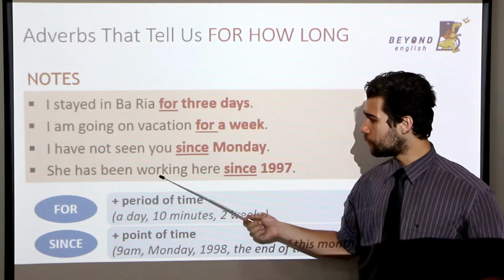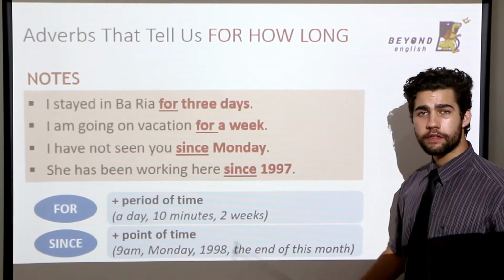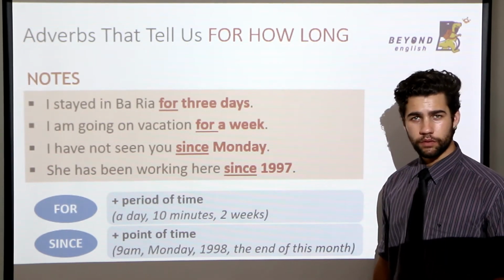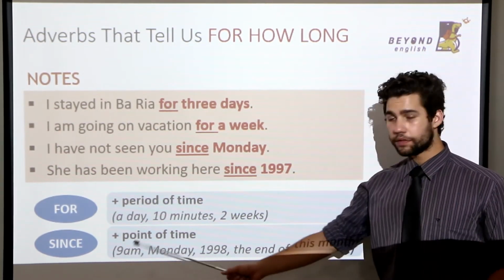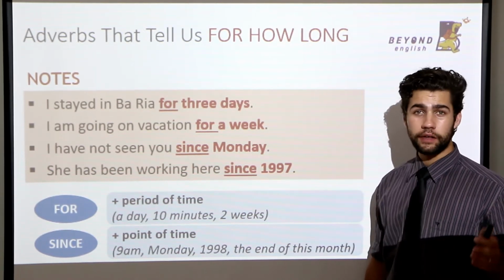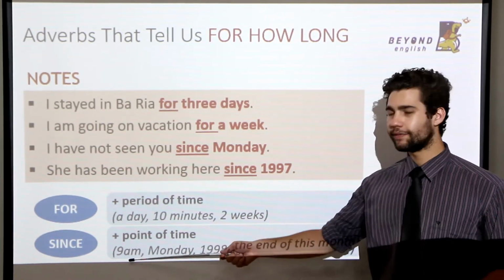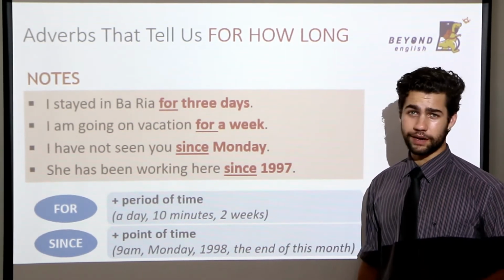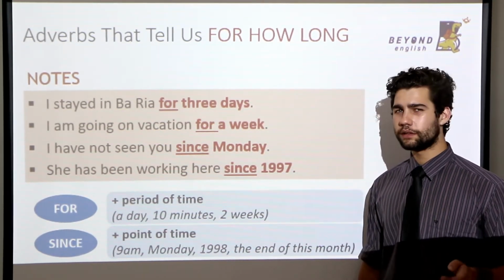She has been working here since 1997. We can change it with another point in time. She has been working here since 9 a.m. Okay, there you go. Let's keep moving.